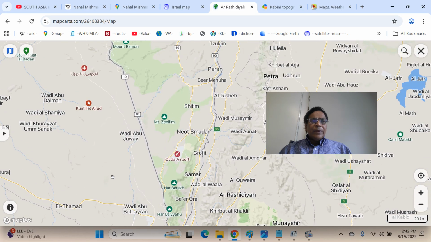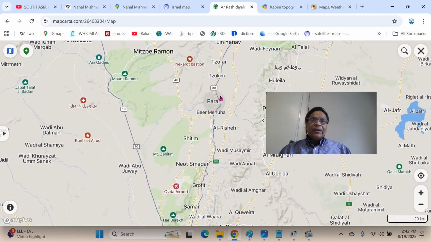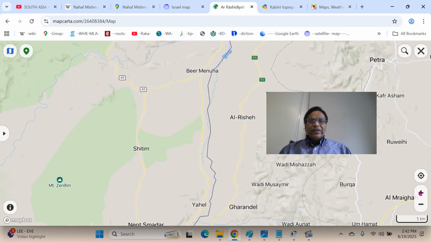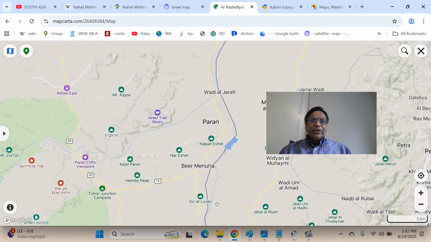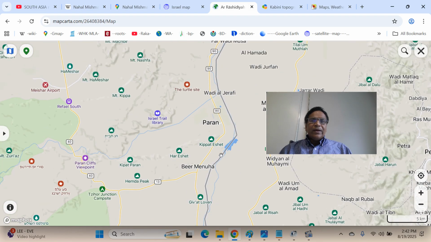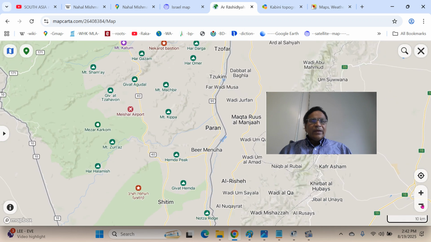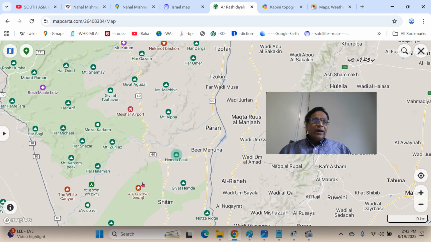So this is the Paran sand areas you can see. This is the Paran town. This Eshet reservoir you can see there. That is the Eshet hills. You can see Eshet reservoir. This is on the Arava. So it joins Wadi Jarafi in that area. It joins, you can see here, Arad, and this is the Karkom, that area.